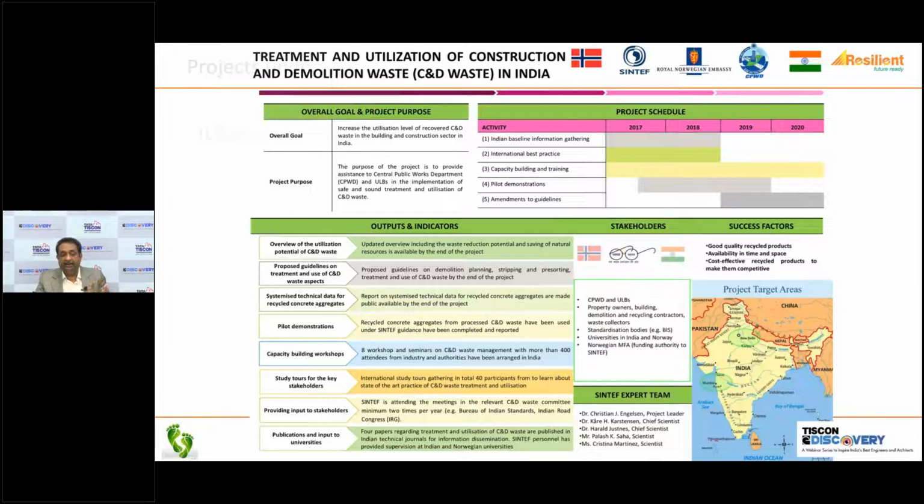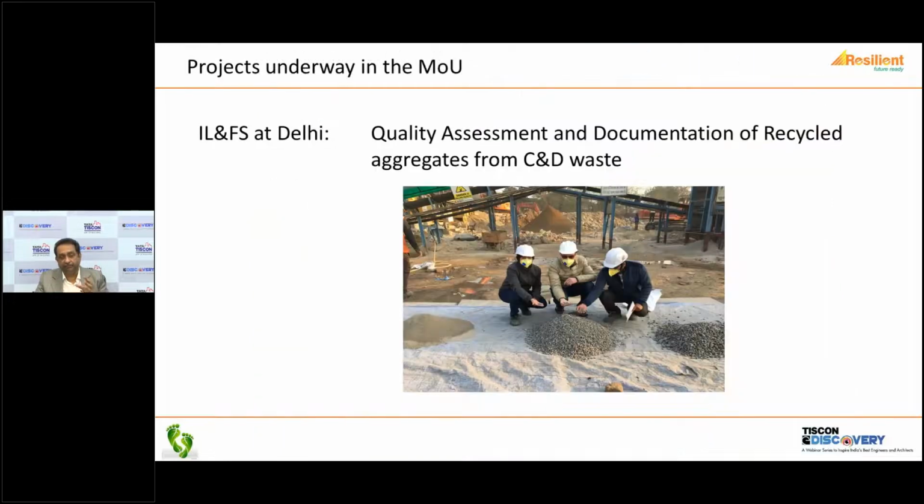In IL&FS Delhi, we know that the C&D waste management facility has been working for the last 10 years. Now what we are doing is a quality assessment and documentation. This is not a spot testing.